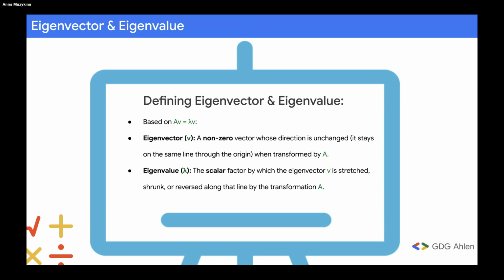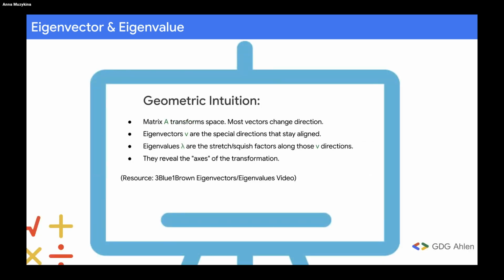If lambda is 0.5, it halved. If lambda is minus 2, it flipped direction and doubled in length. Every eigenvector has a corresponding eigenvalue that describes the scaling factor along its direction.